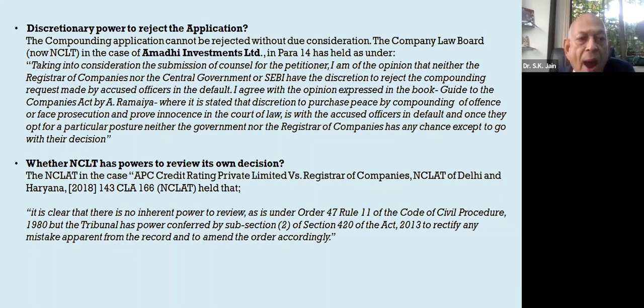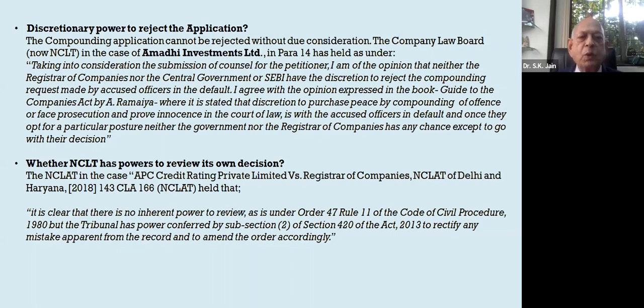And once they opt for a particular posture, neither the government nor the registrar of companies has any choice except to go with their decision. That means once the compounding application has been filed by any applicant consciously, so that he cannot face prosecution, then NCLT or RD has no discretion to reject it.